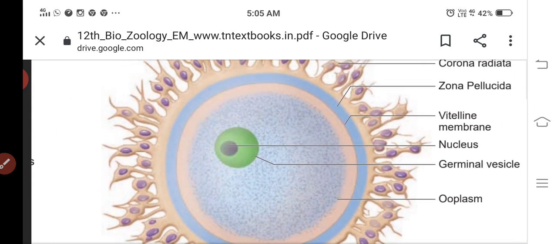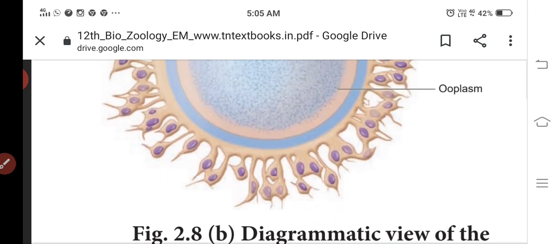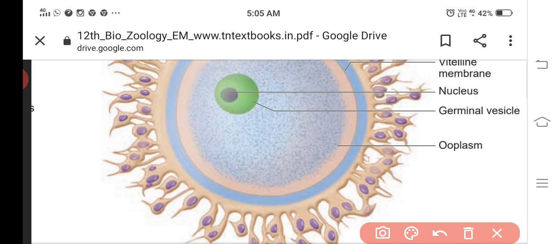This is a diagrammatic view of the egg. It is the alecithal, non-cleidoic, microscopic one. The cytoplasm present in the egg is called ooplasm. Next, there are three layers.